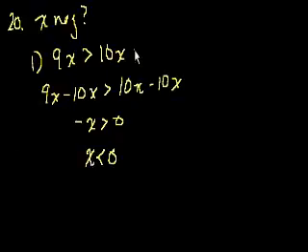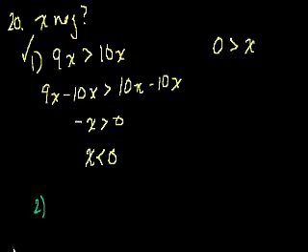The other way you could have done it, you could have subtracted 9x from both sides, and you'd have gotten 0 is greater than x, which is a faster way of doing it. But either way, statement 1 lets us know that x is definitely negative. Let's see what statement 2 does for us. Statement 2. x plus 3 is positive.